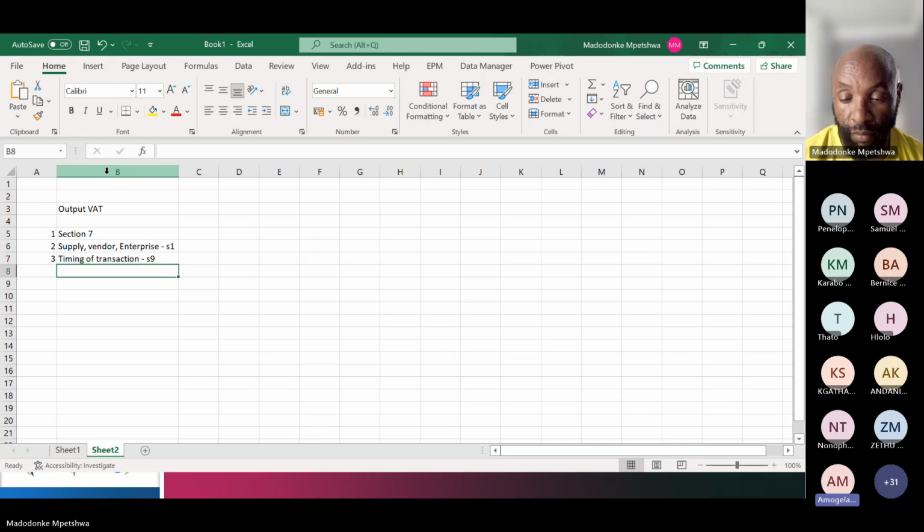So what you mean is if you're going to be using an invoice basis, obviously it's the earlier of invoice or payment. Let's say there's an invoice amount, automatically you're going to be levying output tax on the full invoice amount, right? And if it's payment basis, we're only going to be levying output VAT when there's a payment.